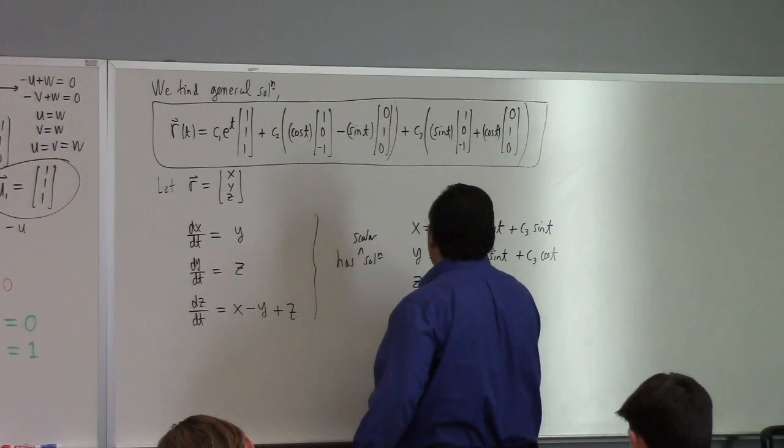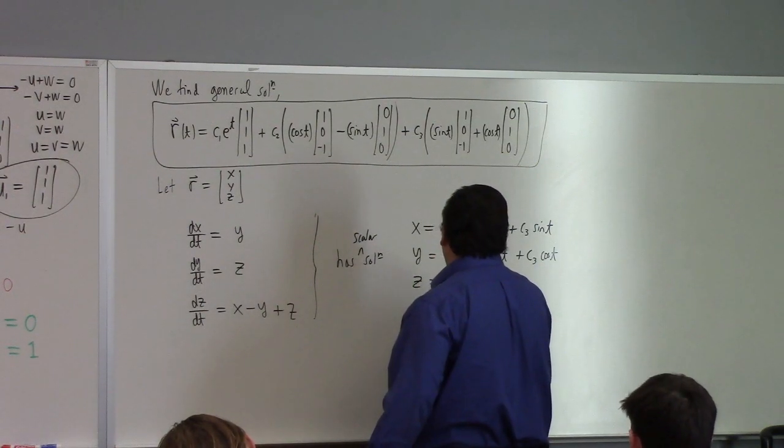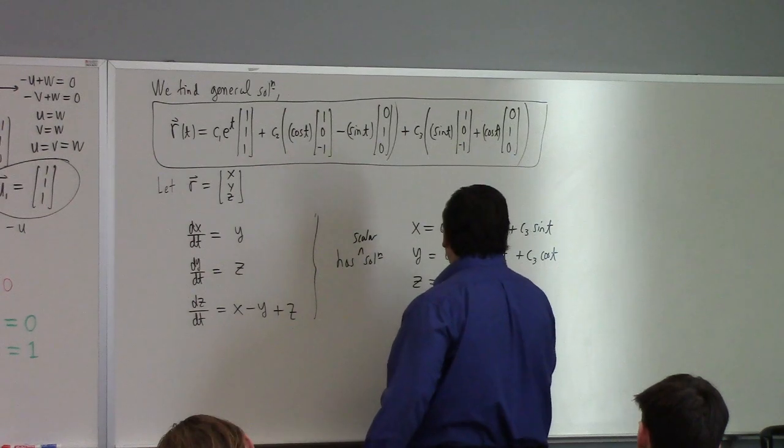And finally, z equals C1 e to the t minus C2 cosine t minus C3 sine t.